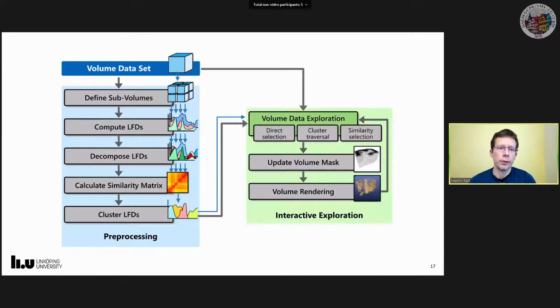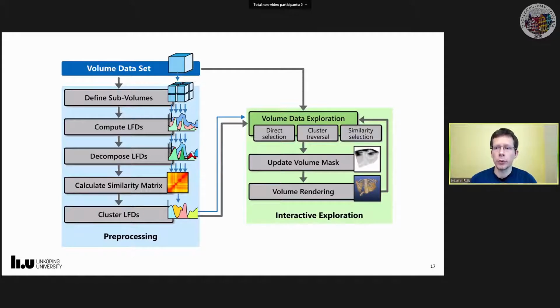Now we have covered all the basic building blocks of our pre-processing. We have learned how to divide the volume up into multiple bricks, compute the frequency distributions, and then cluster these. The clustering can now be used as input to the volume exploration, where the user is able to select one or multiple frequency distributions or cluster representatives.